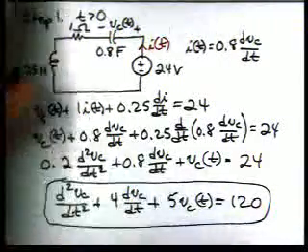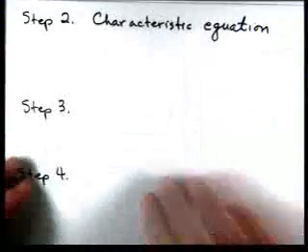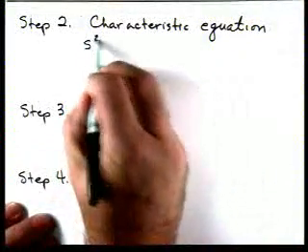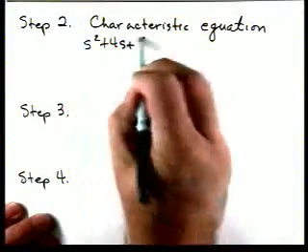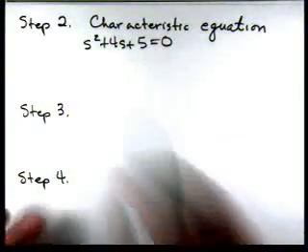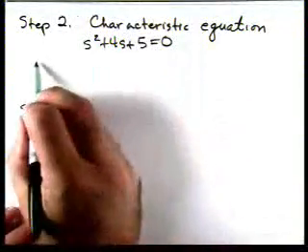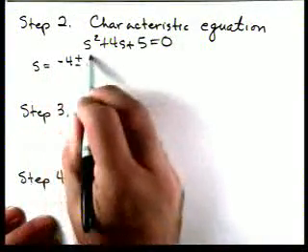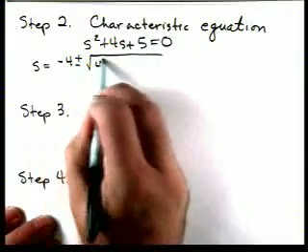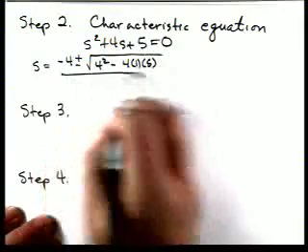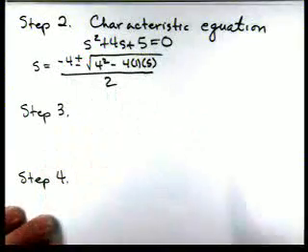Now, our next step is, okay, what's the characteristic equation? And our characteristic equation is s squared plus 4s plus 5 equal to 0. If we use the quadratic equation, we'll have minus 4 plus or minus the square root of 4 squared minus 4 times 1 times 5, over 2.